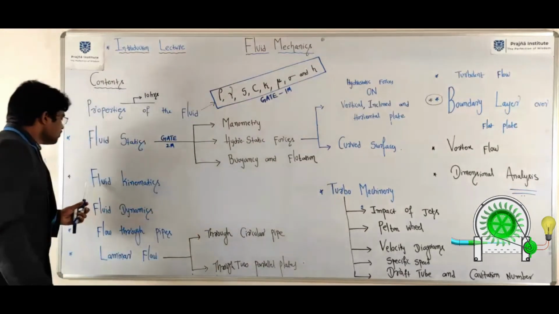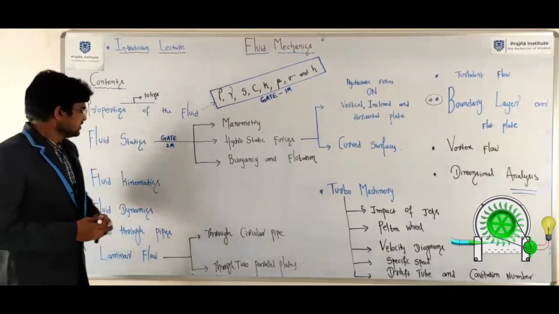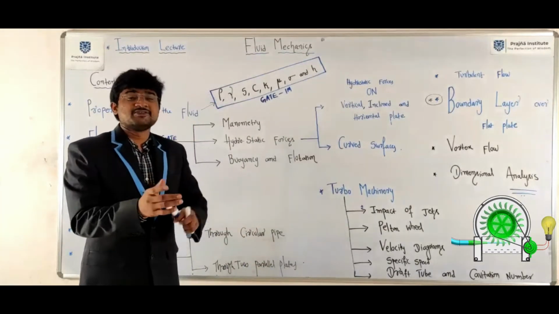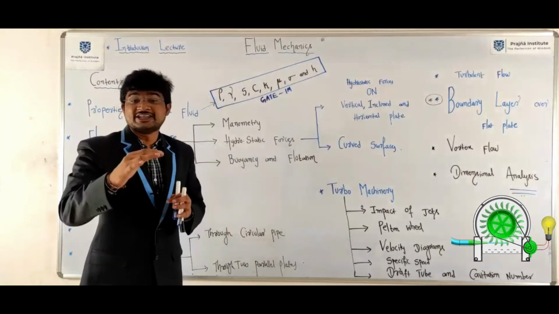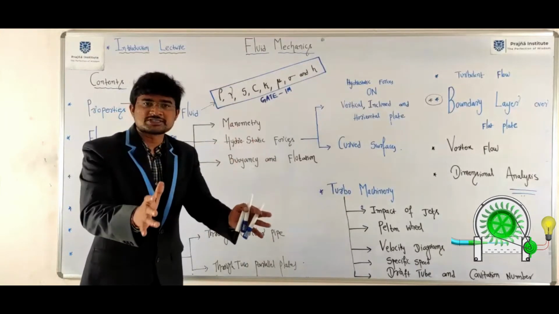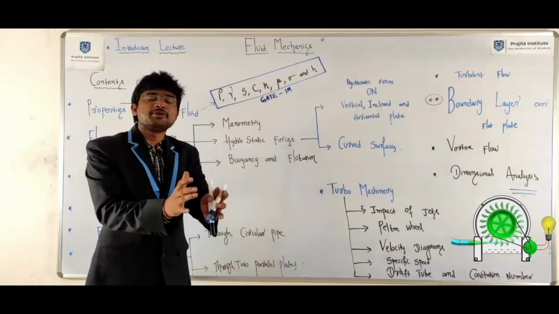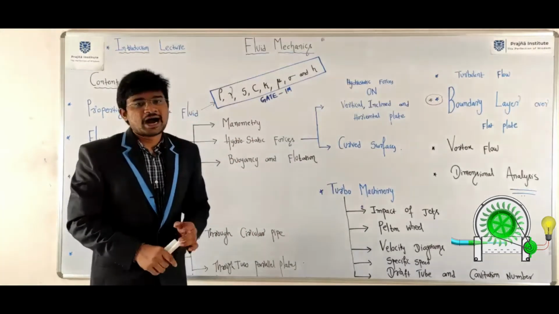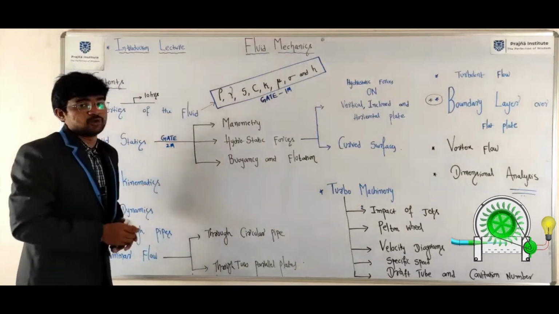Next, fluid kinematics. In this case, first we will start with fluid flow. What are the different fluid flows? We can define all the fluid flows. Then we can build a beautiful expression for acceleration of the fluid and velocity of the fluid.